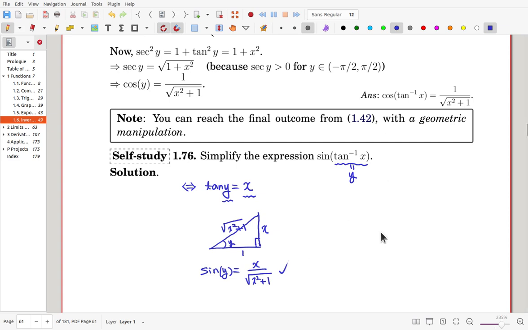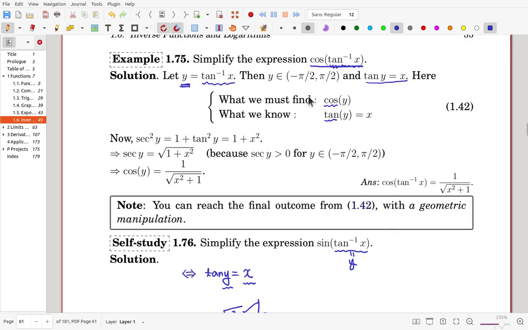Now, go back to the earlier problem. Tangent inverse x, we set it as y, but now for the earlier example we try to get cosine of tangent inverse x.